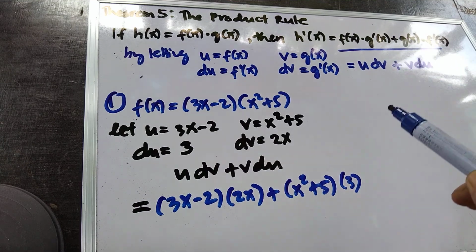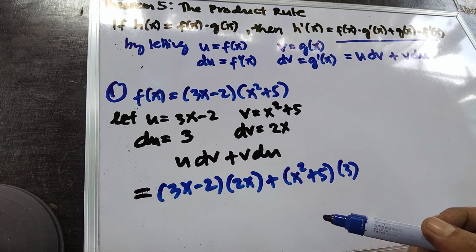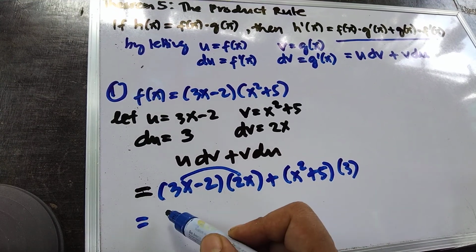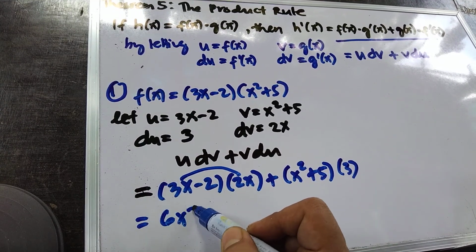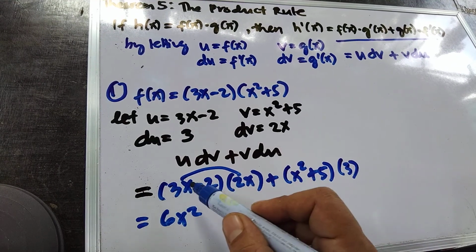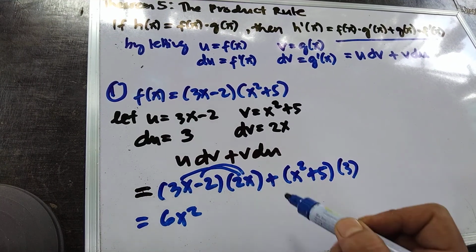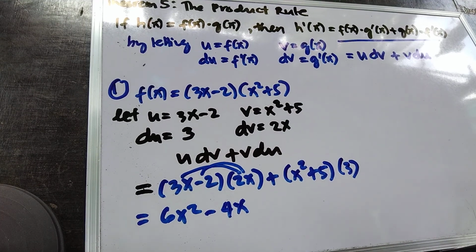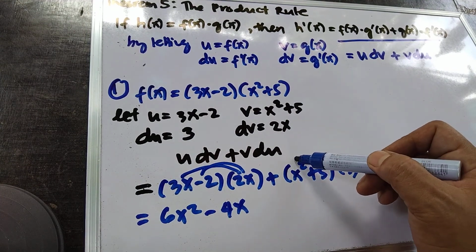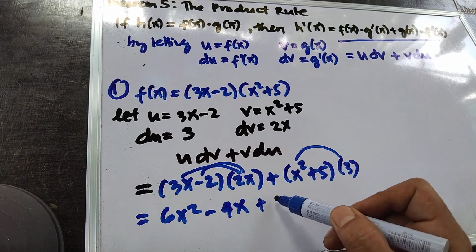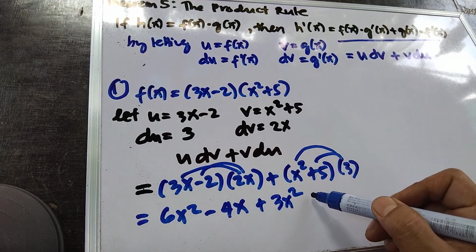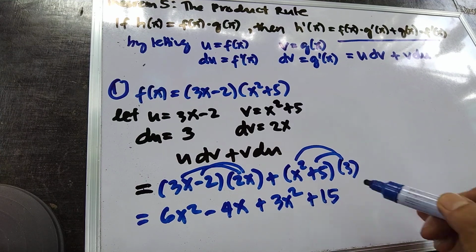Now, do the distribution. You can multiply this. This is 3x times 2x, you have 6x squared. Negative 2 times 2x, you have negative 4x. Here, distribute. x squared times 3, you have plus 3x squared. 5 times 3, you have plus 15.